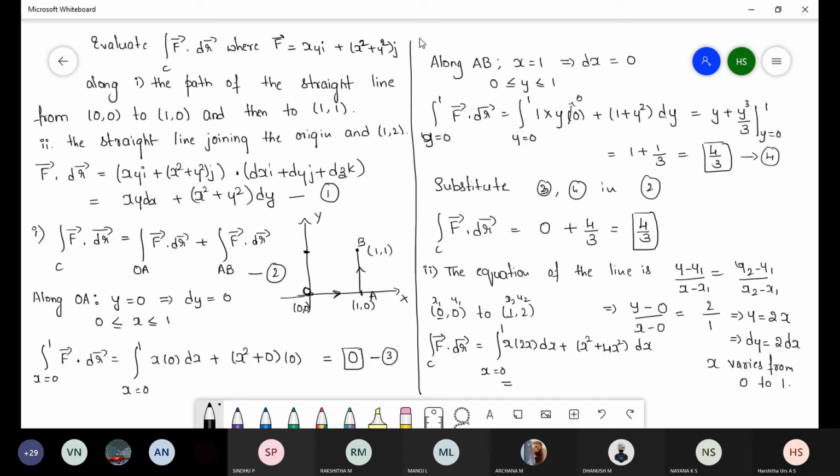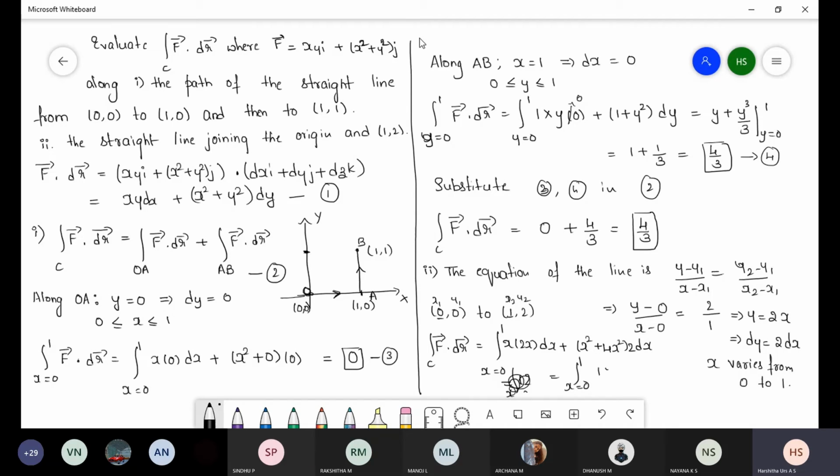Here I write 2x square plus 5 into 2, 10x square. So overall we will get x from 0 to 1, 2x square plus 10x square, because x square plus 4x square is 5x square, into 2 is 10.